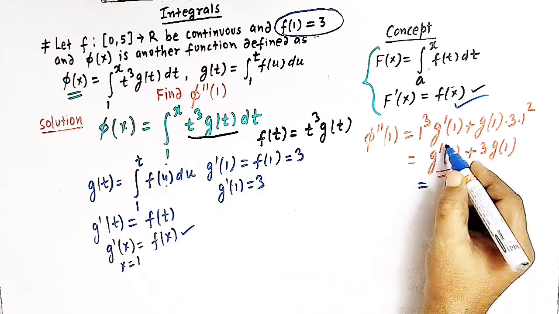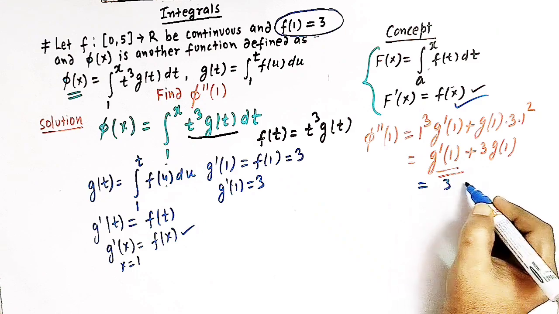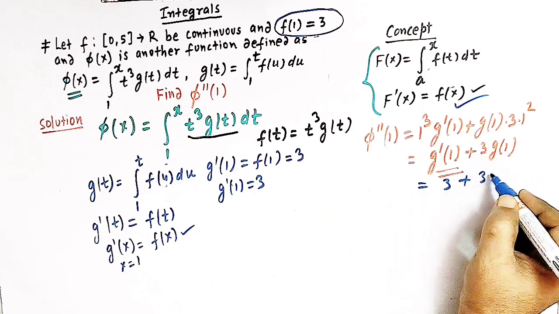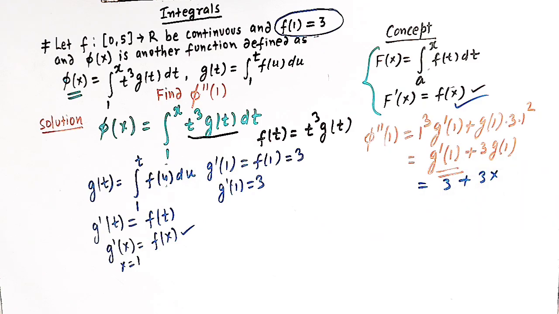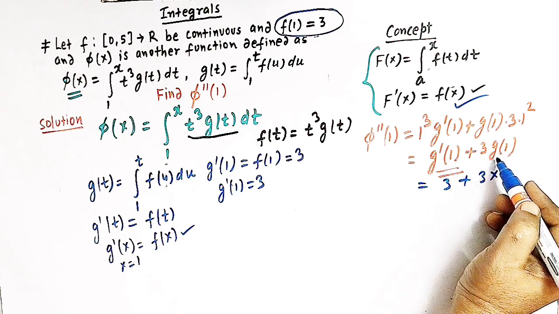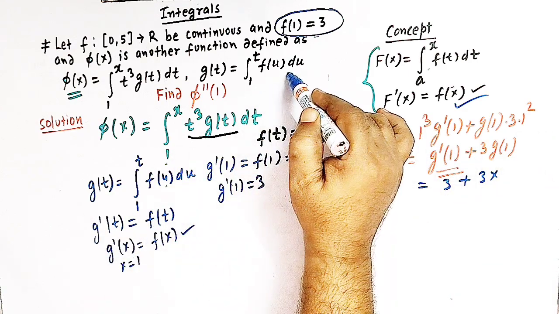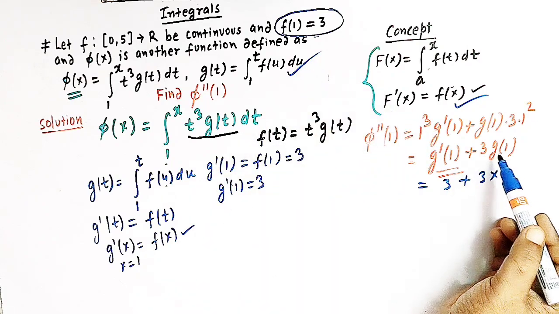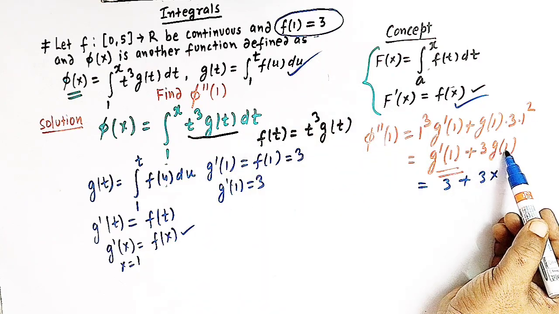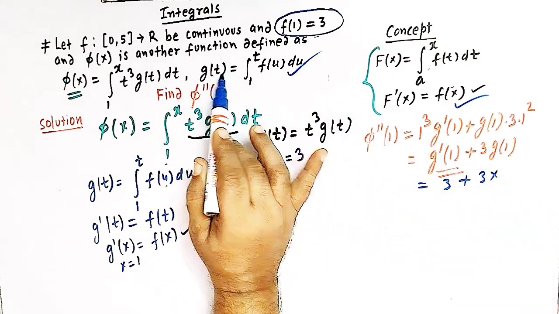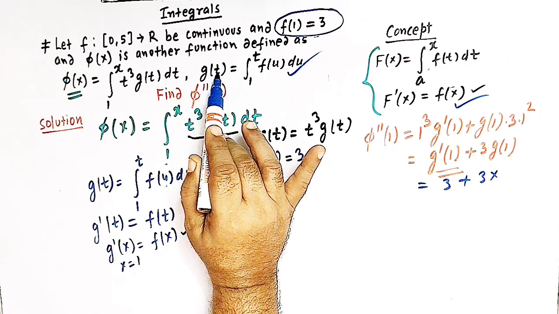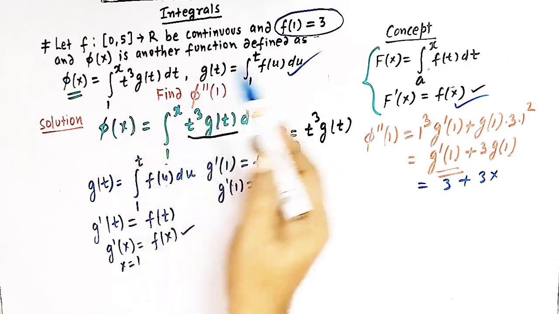So here we can replace g prime of 1 by 3, and then here we have 3 times g of 1. So now we need to find the value of g of 1. Again, taking the help of this expression, we can find it.